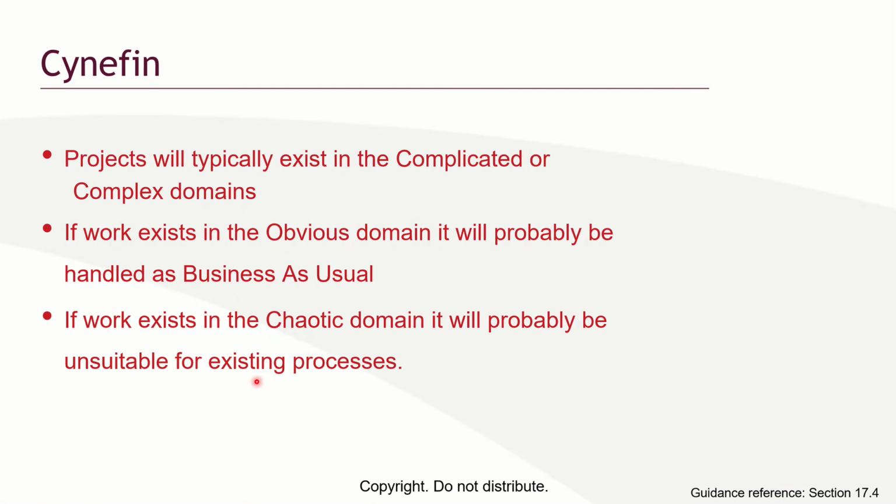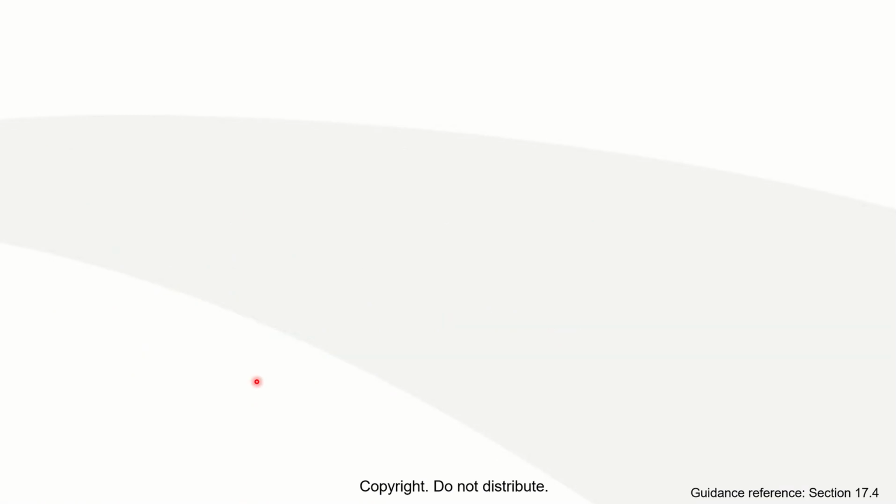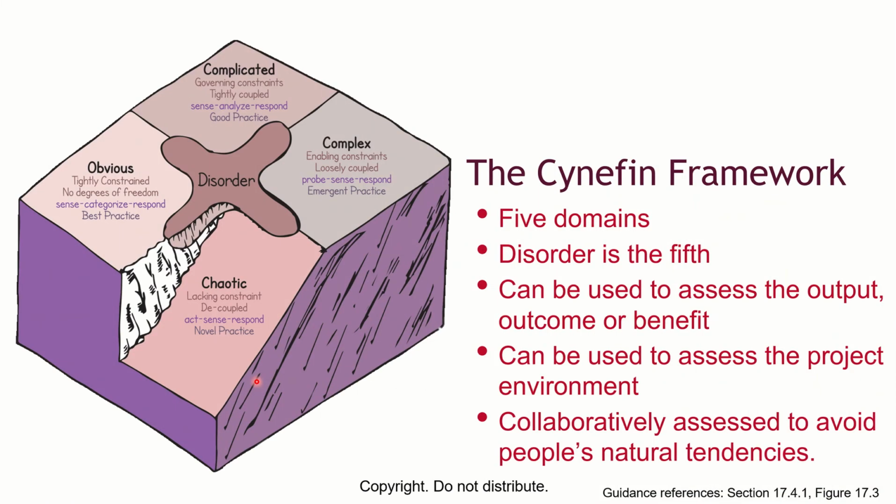That is, if the environment is chaotic, that is already showing you that the probability of success of the project is very low, because it means there are no constraints.